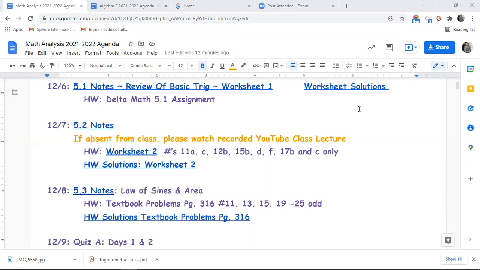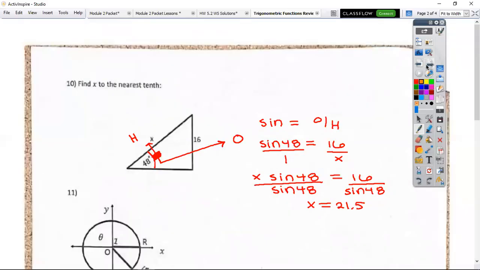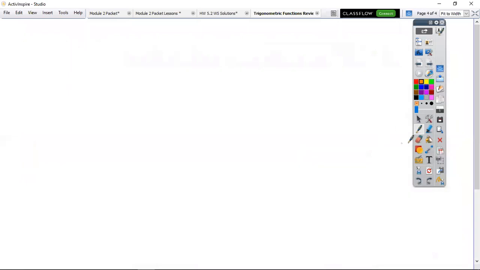So take a moment and check your calculator that it is in degrees and not radians. Okay. So once you have done that, we're going to get started.